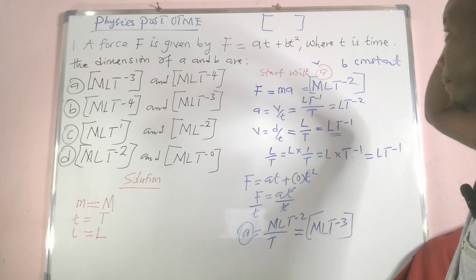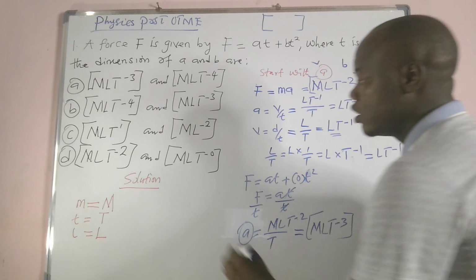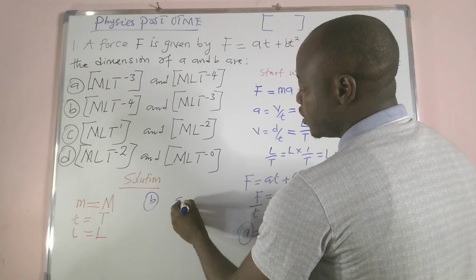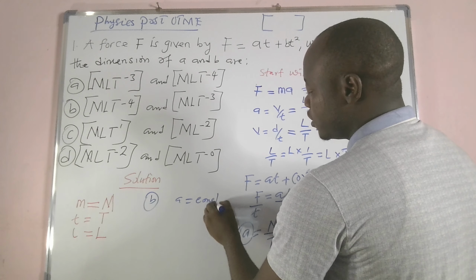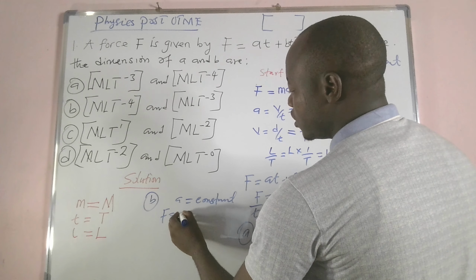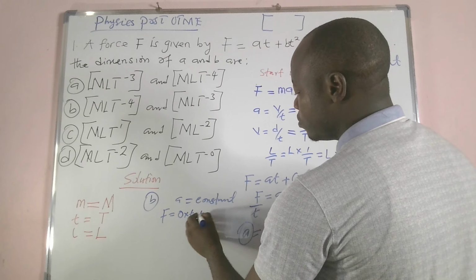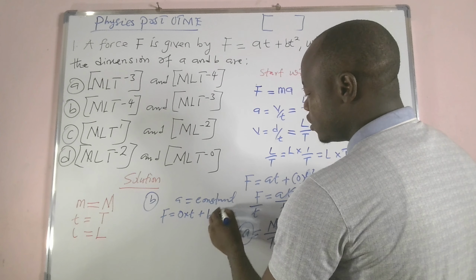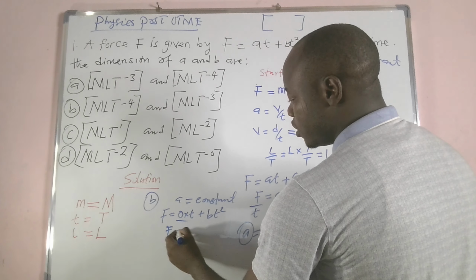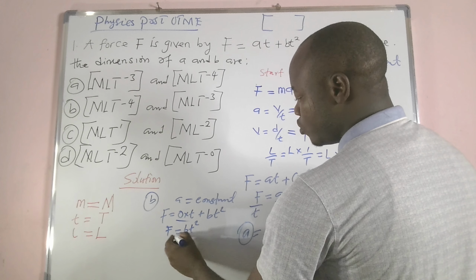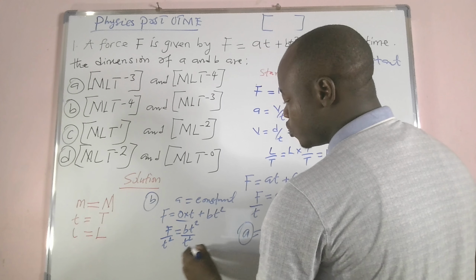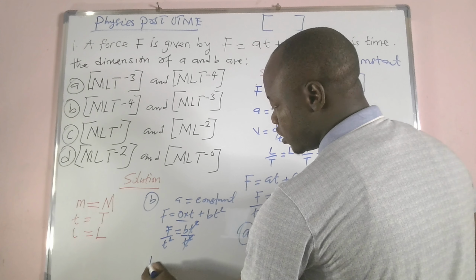Then to get the dimension of B, A is going to be constant. So F = 0 times T plus BT², and that first term is 0. So F = BT². To get the dimension of B, we divide by T², so this cancels this.